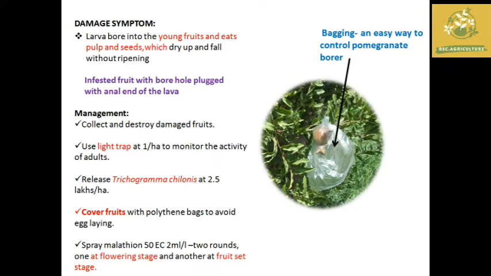Covering the fruit with a polythene bag is an easy way to control these insects. If the insect incidence is high and uncontrollable, we can go for chemical sprays like Malathion 50 EC at 2 ml per liter with 2 rounds of spraying, one at the flowering stage and another at the fruit setting stage, which is an effective method to control the fruit borers.